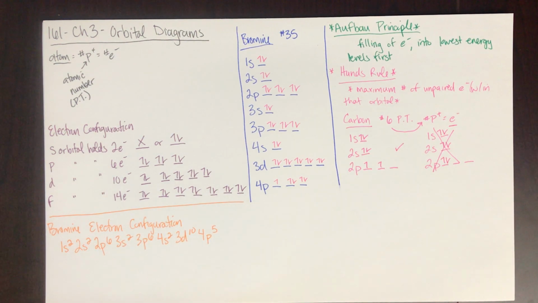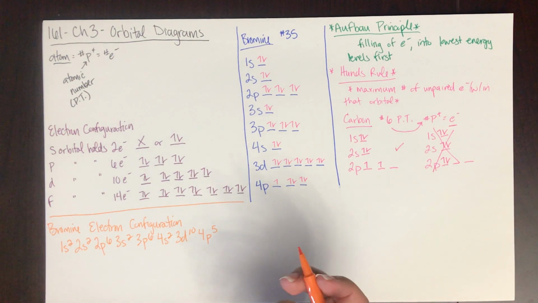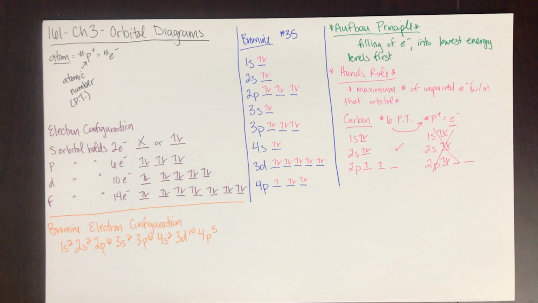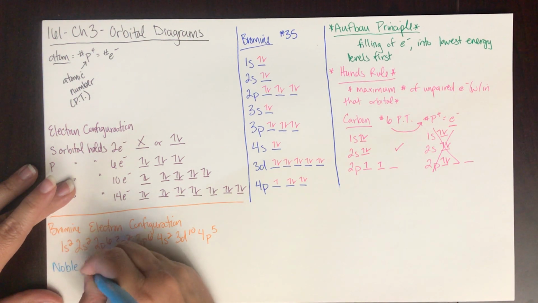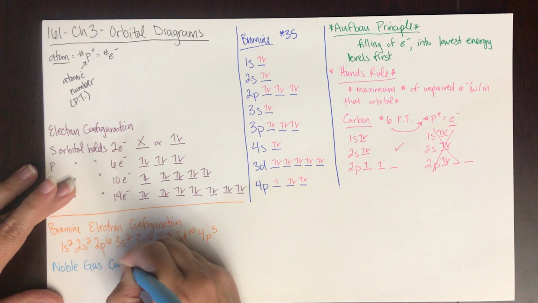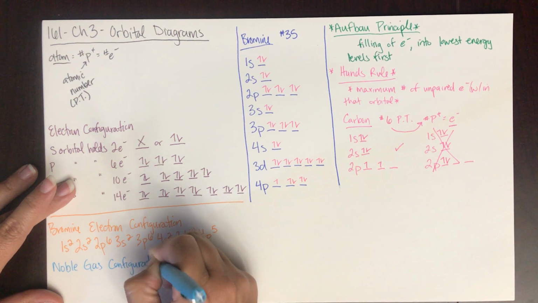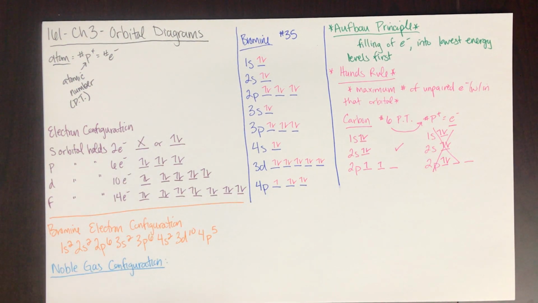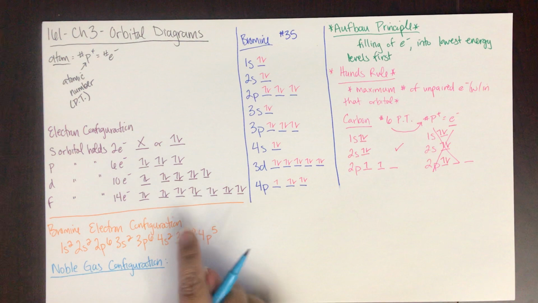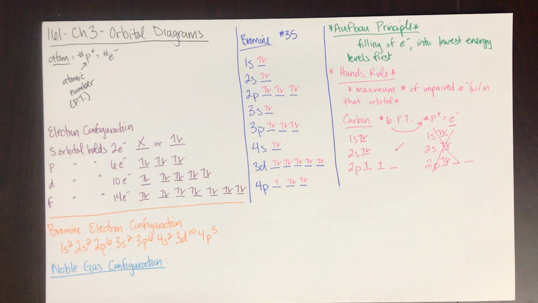So this is just the regular expanded full electron configuration. There's another way to note it that is more abbreviated, and that is called the noble gas configuration. It's an abbreviated form of this because the periodic table goes up pretty high.